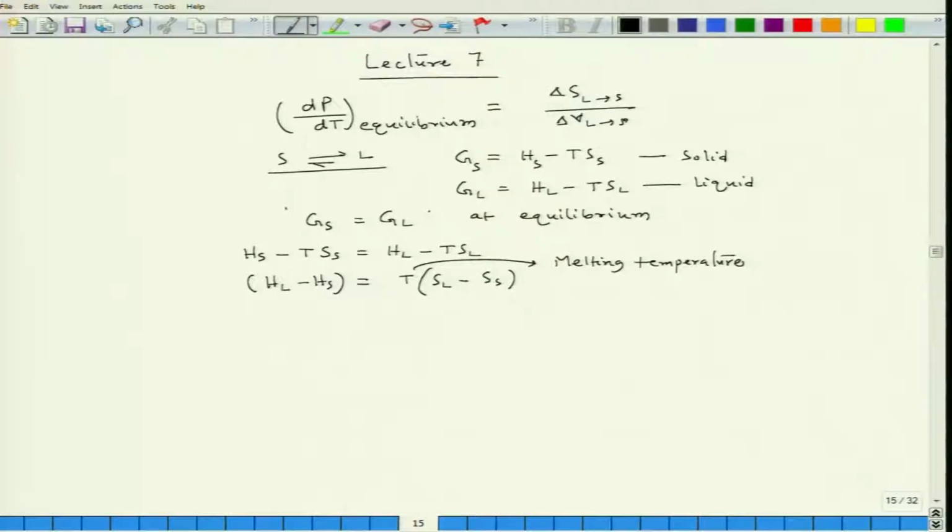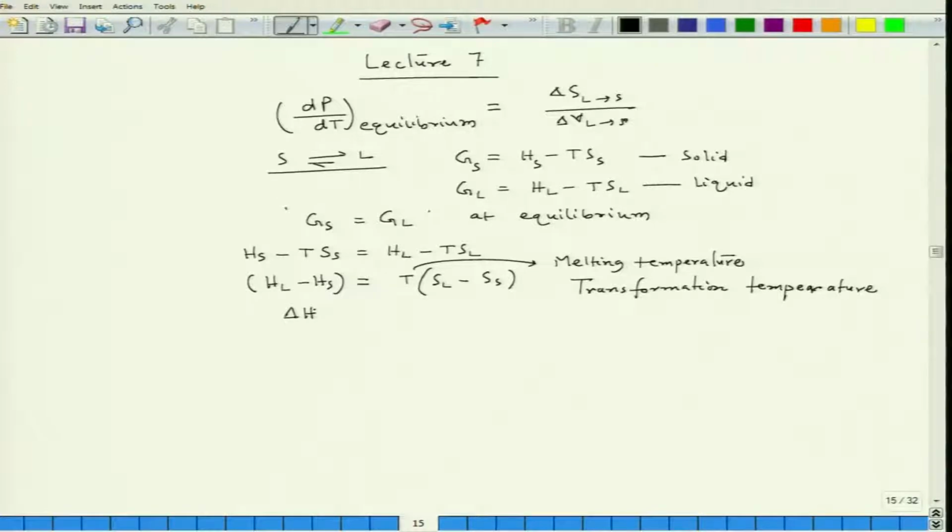And if I consider liquid transforms to solid, that time it will be the freezing temperature. So, that means it is basically the transformation temperature.